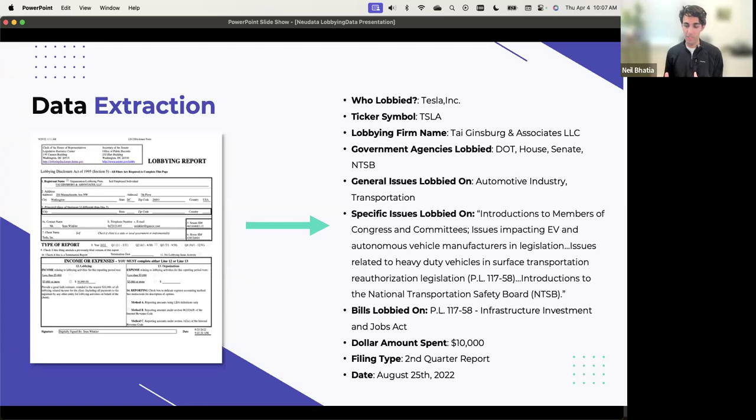So when you see a company like Tesla lobbying an agency, it could be a dinner with one of the agency members, it could just be as simple as an email, or that lobbyist, who typically is a lawyer, leveraging their contacts to get something out of the government.